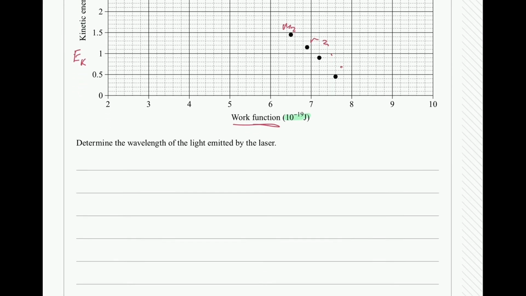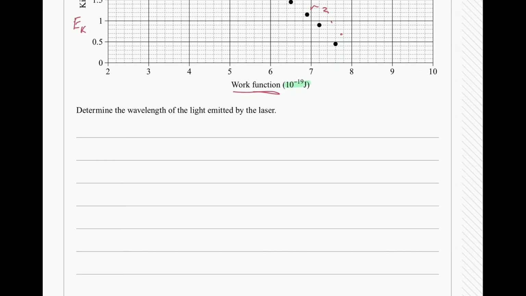So let's continue through. What we've been asked now is to determine the wavelength of the light emitted by the laser. So I'm going to quickly write out what I know about this scenario. This is another linear relationship or linear model, and that can be modeled by y equals mx plus c.